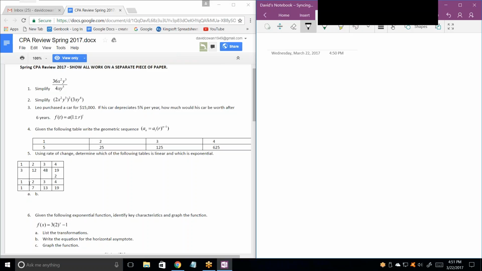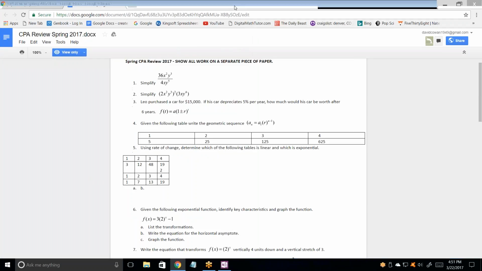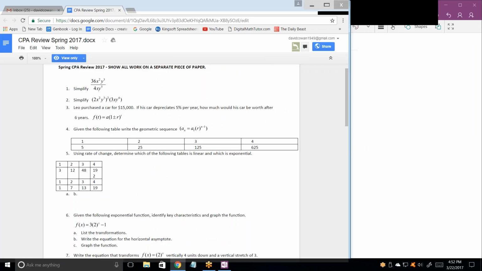This row goes 3, 12, 48. Why is that 2 out of place? Is that supposed to be 192? Yes, it is. Here, let me rewrite these so we can read them.